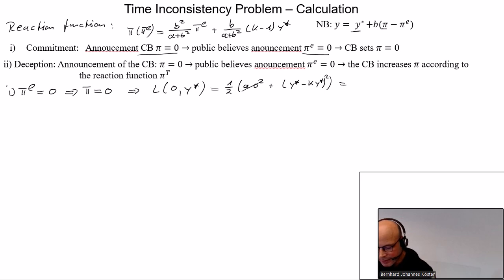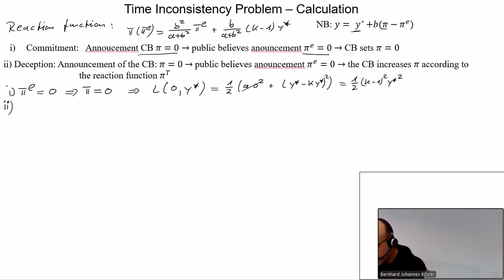This of course cancels, and we obtain 1/2 times k minus 1 squared y star squared. This would be then our overall losses. Because everybody believes each other, this is, so to speak, the most simple case.